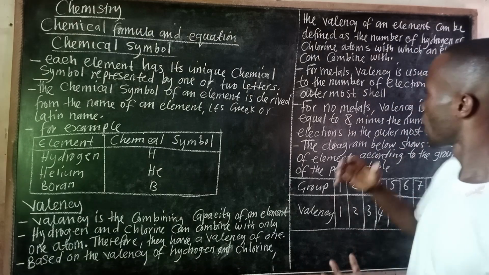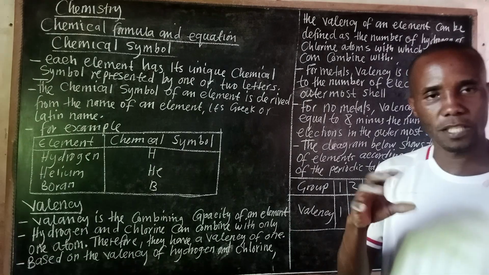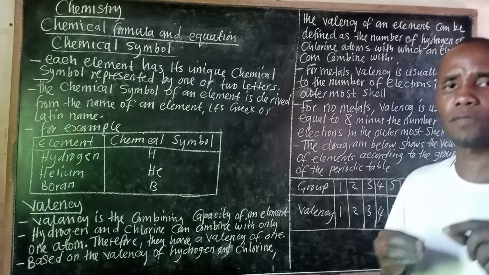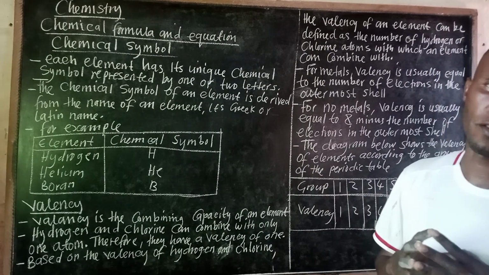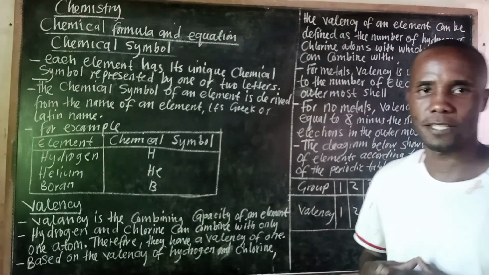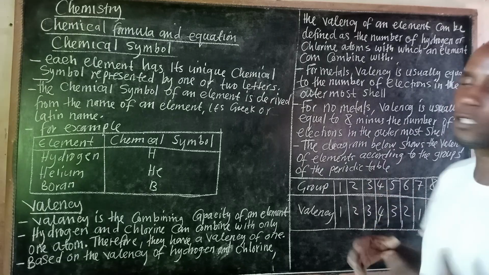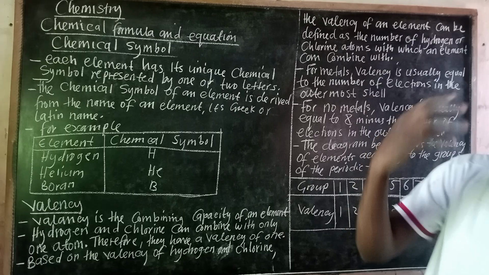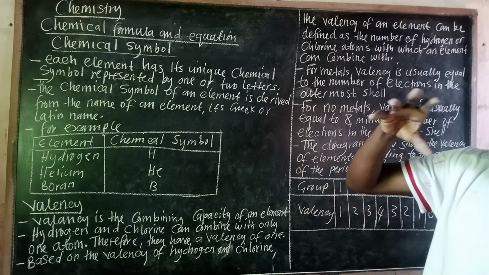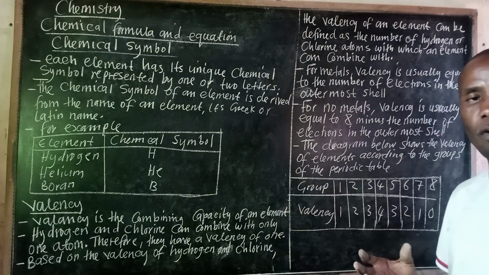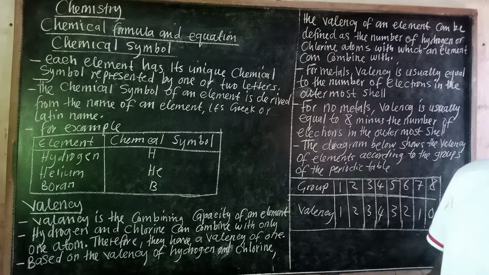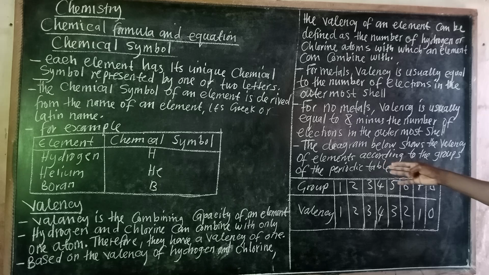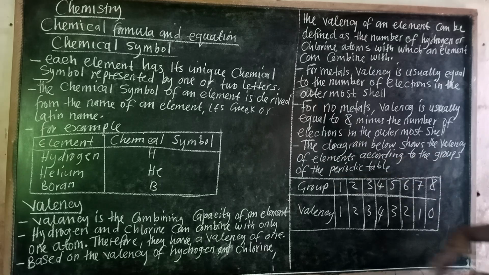To find the valence of oxygen, you subtract 6 from 8, and the answer is 2. That 2 is your valence, and the reason is very simple: oxygen is a nonmetal, so you subtract the electrons in the outermost shell from 8.